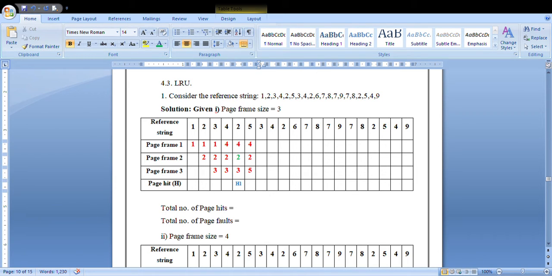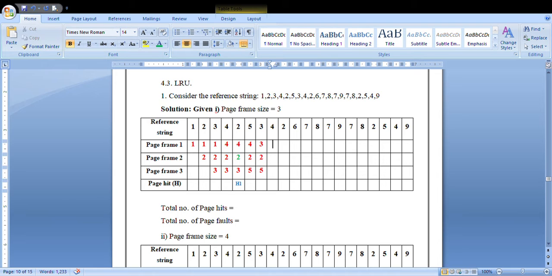Next is page 3. 3 is not present in the frame, so you replace the oldest one. Here 4 is the oldest page, so you replace 4 by 3, giving 3, 2, 5. Next value is 4.